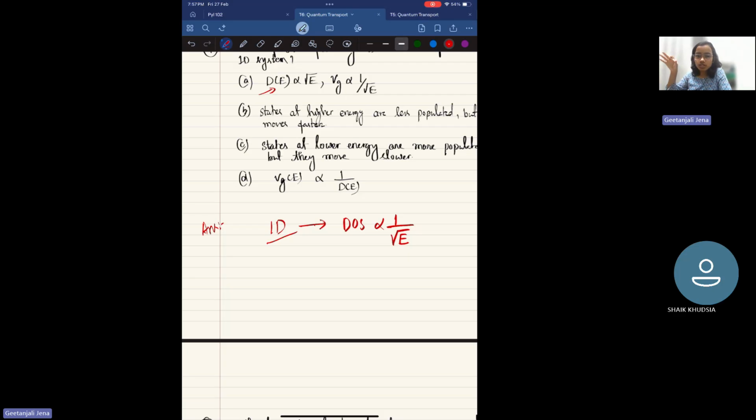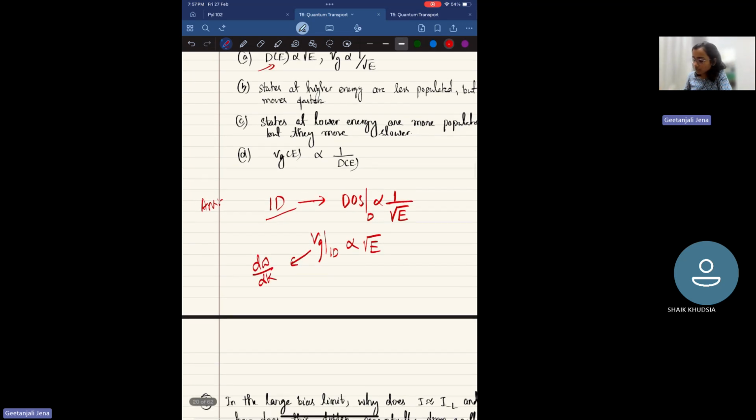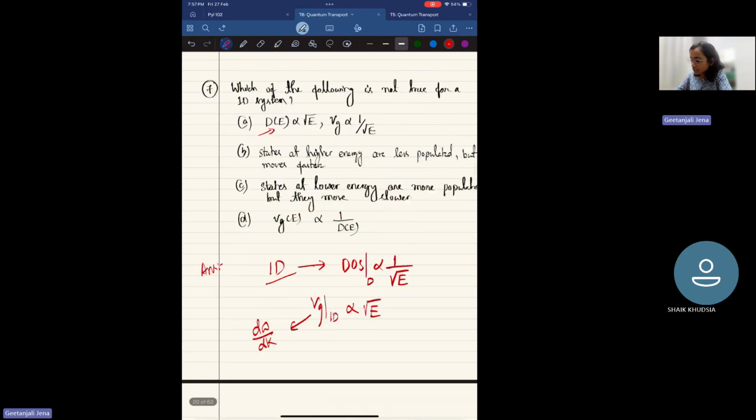So you should keep this in your mind. For the 1D case, the density of states goes as 1 by square root of E, and the group velocity is directly proportional to square root of E. This we can get by taking d omega by dk. So the first option is not true.